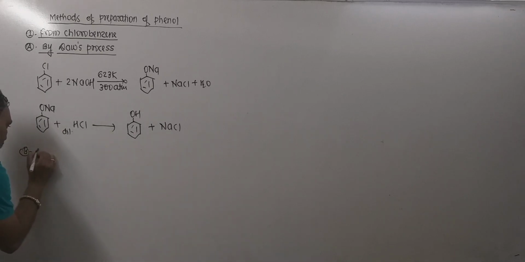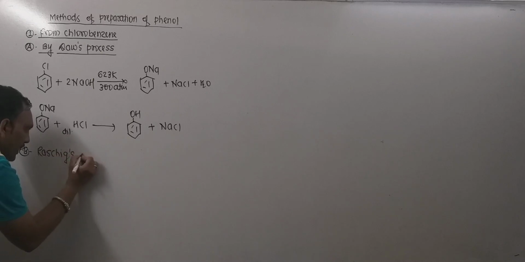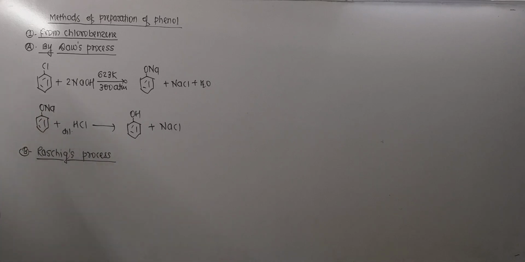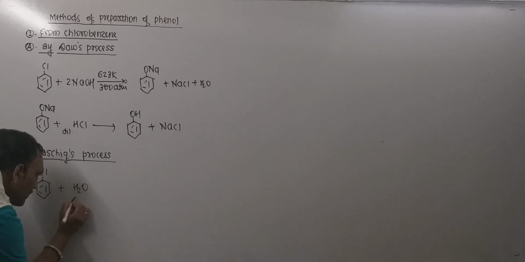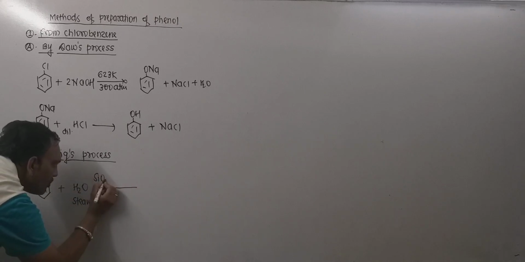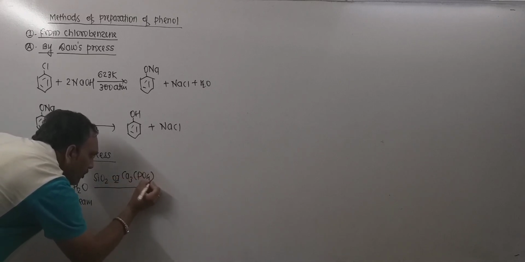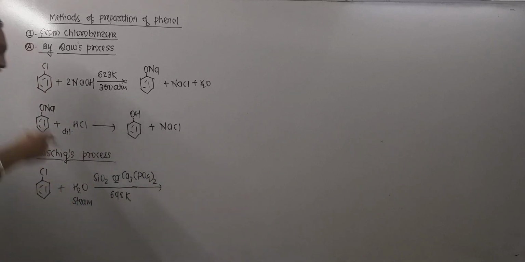Another alternative method is what we call Raschig's method. Raschig's process is also a method to prepare phenol starting from chlorobenzene. Here, chlorobenzene is heated with steam in presence of SiO2, or one can use Ca3(PO4)2, that is calcium phosphate, at about 698 Kelvin.